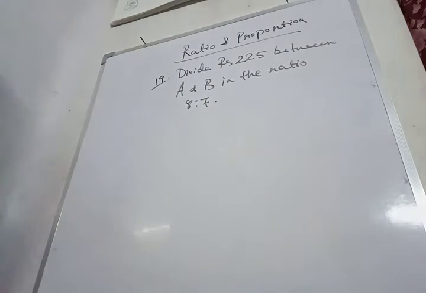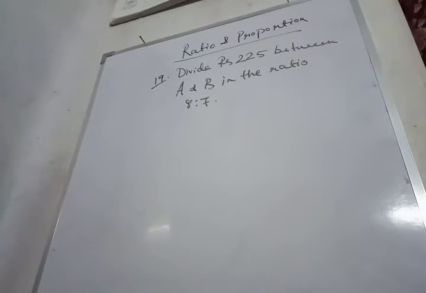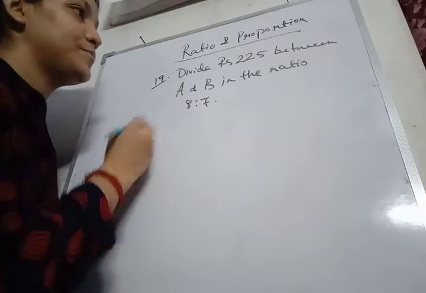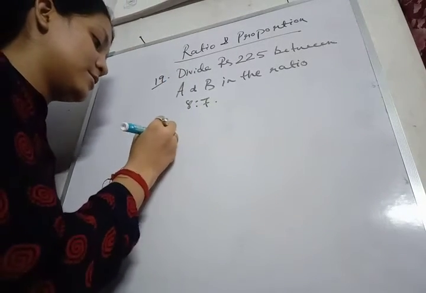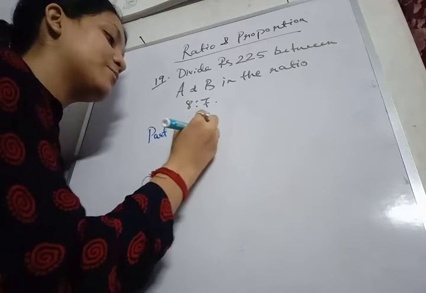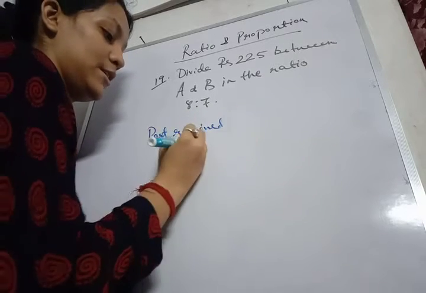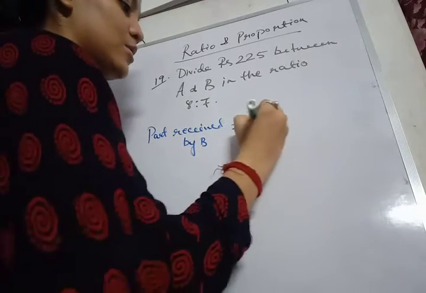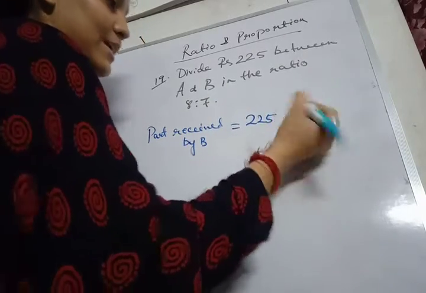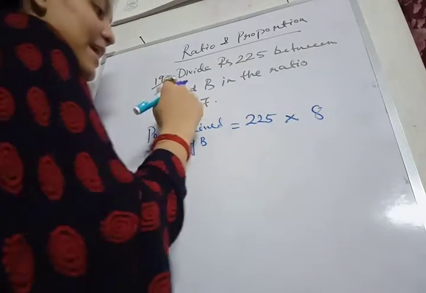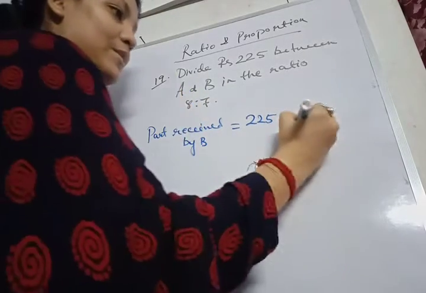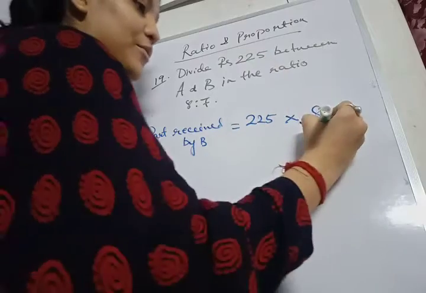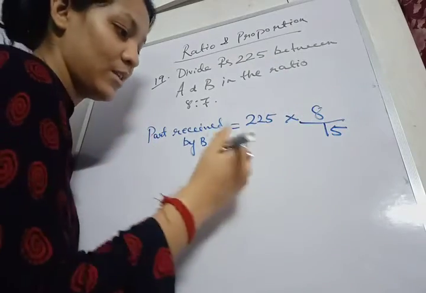So how to do the sum? These kinds of sums are given. We solve it by this method. Part received by A is given as 225 into 8, because 8 parts are received by A. Total part is 15, 8 plus 7.